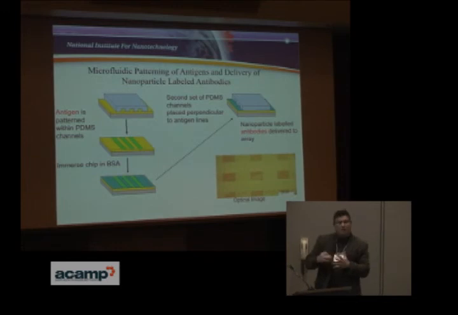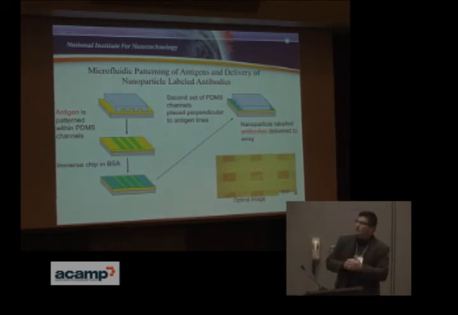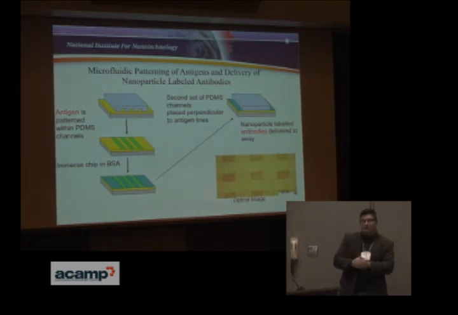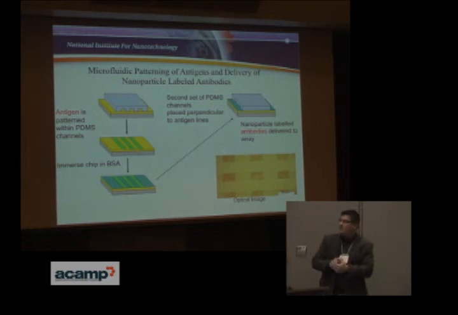We want to do things in arrays because we want to detect many different interactions at once, and you heard about microfluidics a little bit earlier, and we use very simple microfluidics in order to pattern things on a surface. This isn't nano patterning. These addresses here are about 200 microns on a side, and so we use microfluidics to create these patterns.